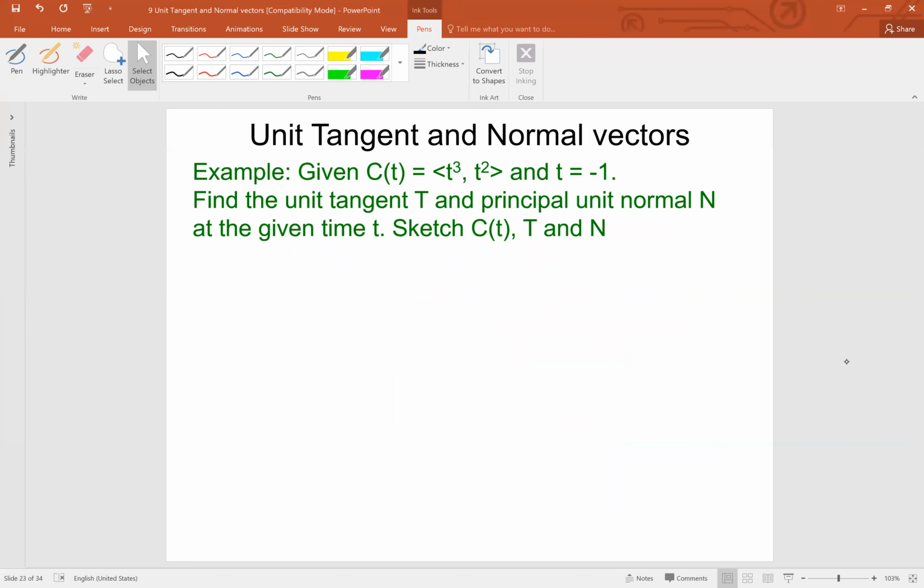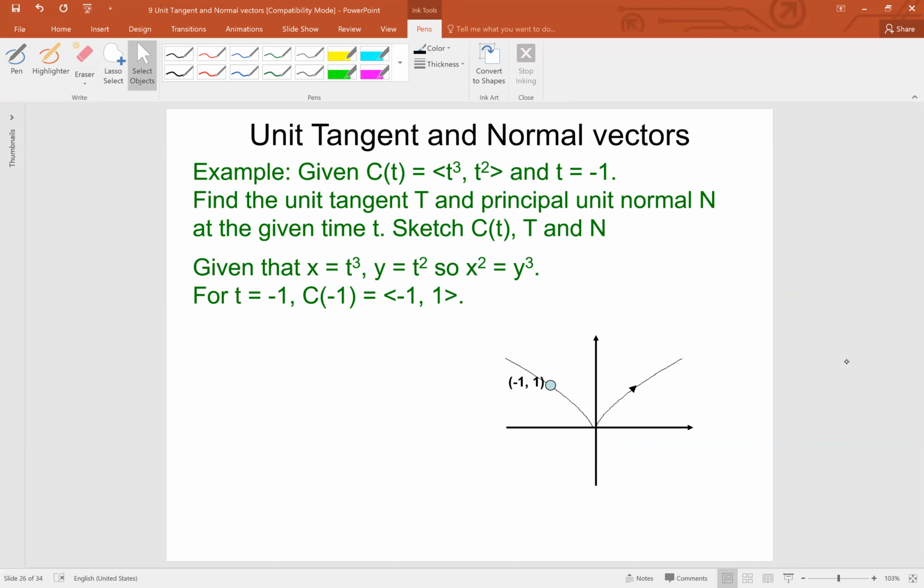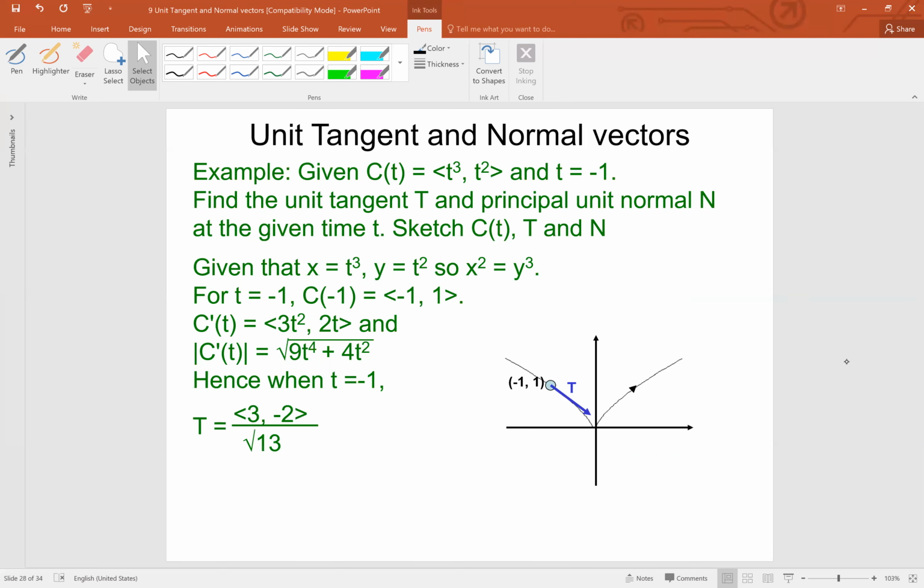You calculate the tangent. For instance, here's the point (-1, 1) at t equal to -1, and I can calculate the tangent vector by plugging in -1. After you normalize it, you get a unit tangent. Now what's the unit normal? Instead of taking the unitized tangent, I have to take c prime of t divided by the length of c prime of t, and take the derivative again.